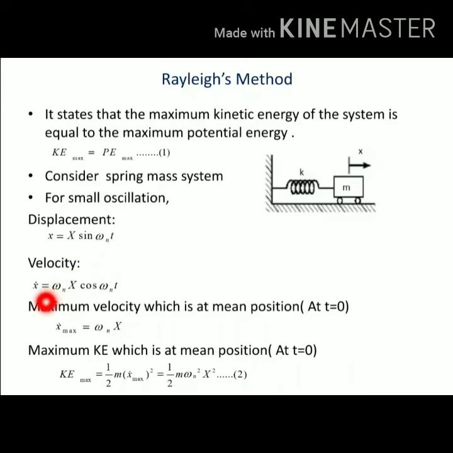In velocity, dx by dt is equal to x dot is equal to omega n X cos omega n t.